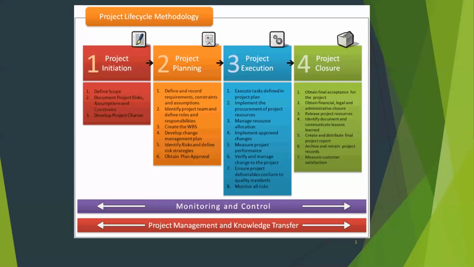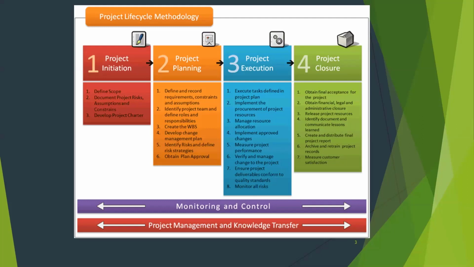Once you have agreement, you proceed into the execution phase, where you execute on the tasks that have been identified for designing, developing, delivering and testing the different requirements that were identified and agreed upon.